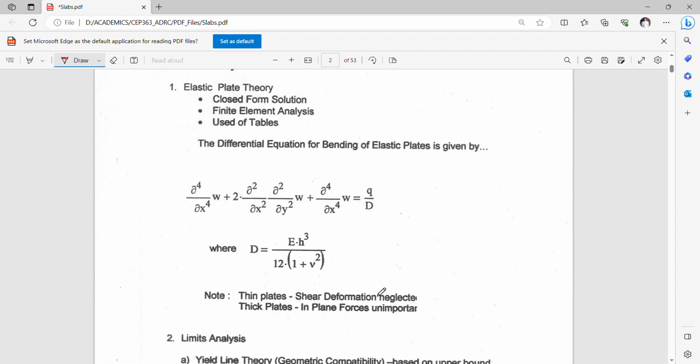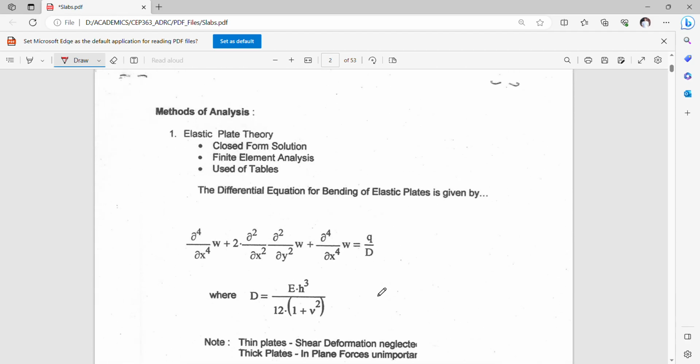Okay, so for the method of analysis, we have here, of course, a lot of theory. We have the elastic plate theory that can be solved or it can be demonstrated in terms of a closed form solution.